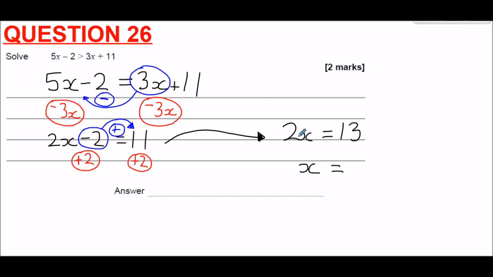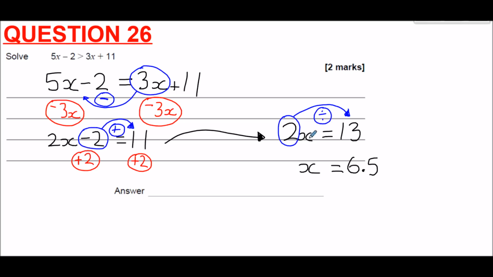That 2 is multiplying the x, so opposite of multiply, when the 2 swaps over, swap side, swap sign, opposite of multiply, it now becomes divide on the other side. So the answer would be x is 13 divided by 2, which is 6.5.